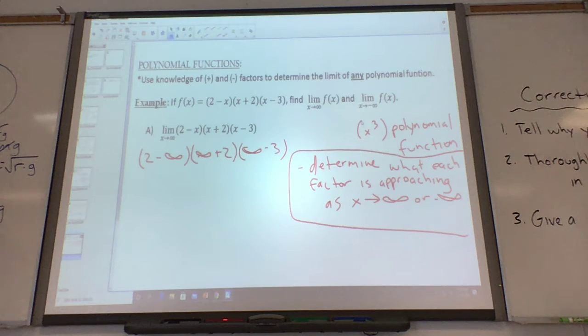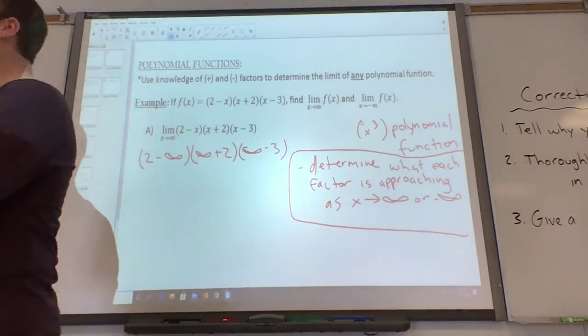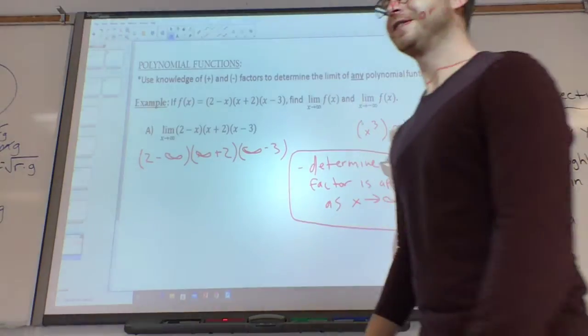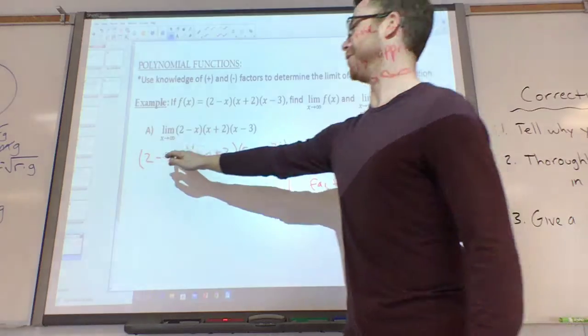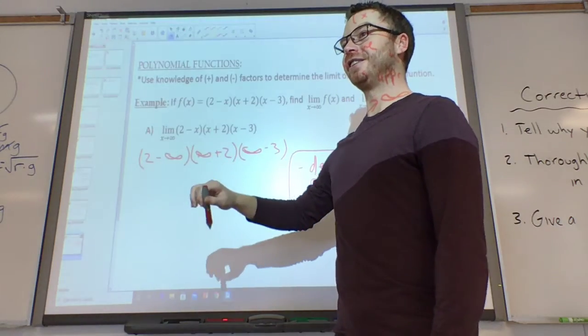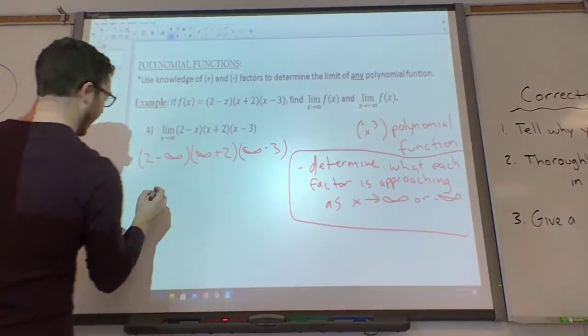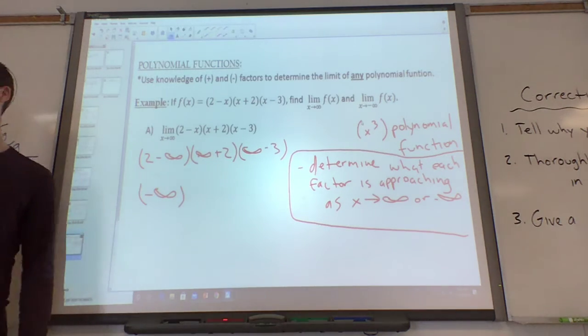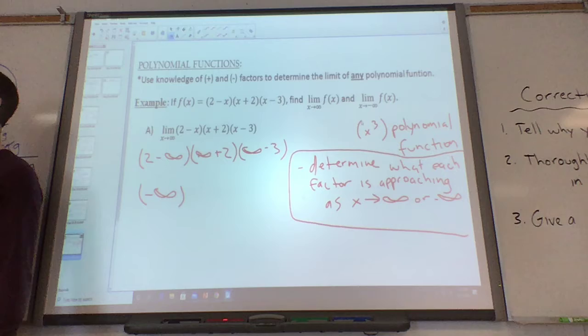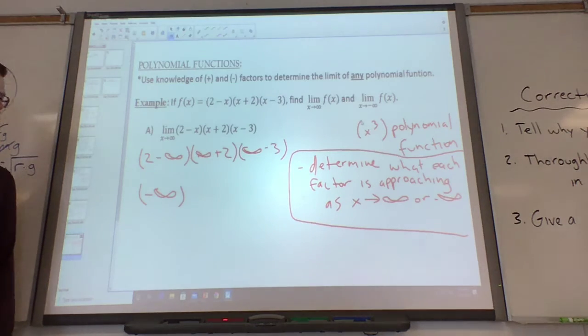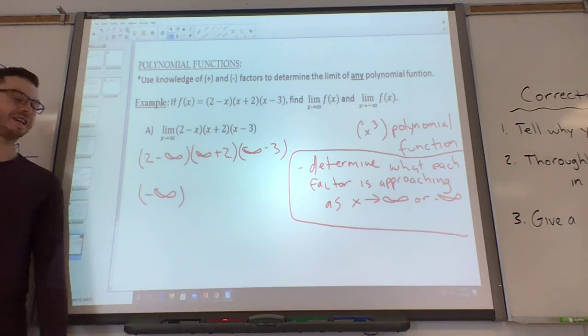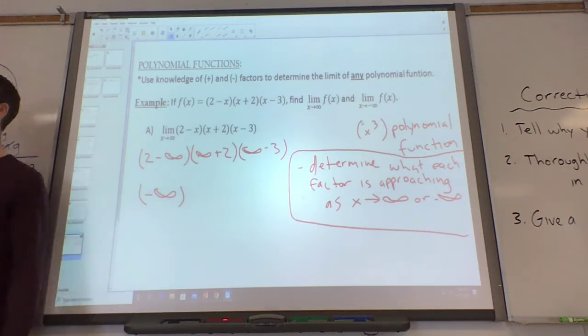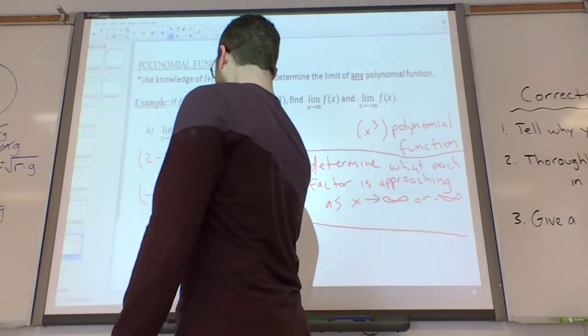So if we have 2 minus infinity, what is our answer going to be here? Negative infinity. Perfect. Okay, so we're going to have negative infinity. If you're subtracting infinity from 2, you're just going to go on forever till negative infinity. Good. And then if we have infinity plus 2, approaching infinity, yeah, so we're just going to say positive infinity there.